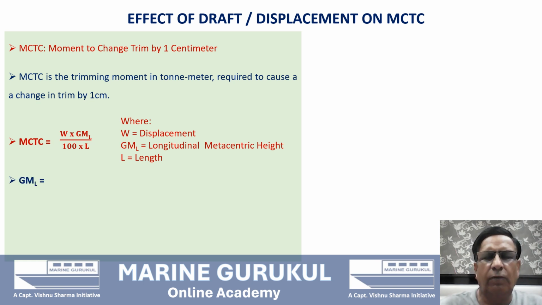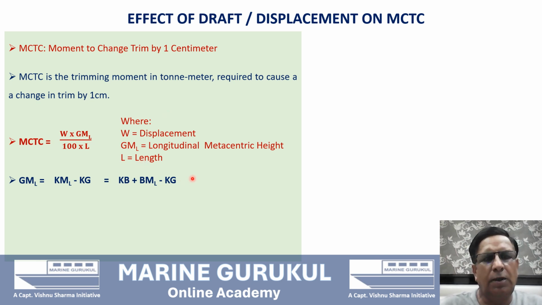Now GML will be equal to KML minus KG, and KML in turn is equal to KB plus BML. So GML becomes equal to KB plus BML minus KG.